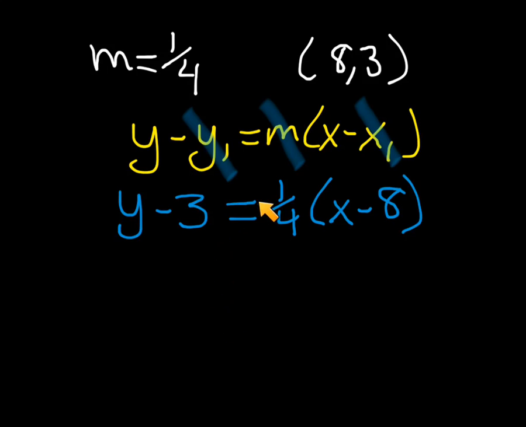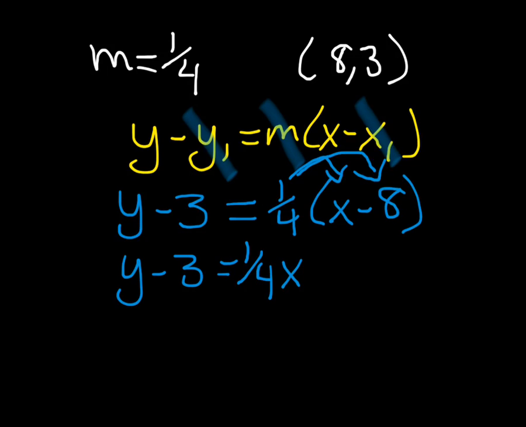I need to distribute this 1/4 to get rid of the parentheses, to both terms inside the parentheses. So I have y minus 3 equals 1/4 x. Remember, when you multiply fractions, multiply the numerators and denominators. 1 times -8 is -8. 4 times 1 is 4.